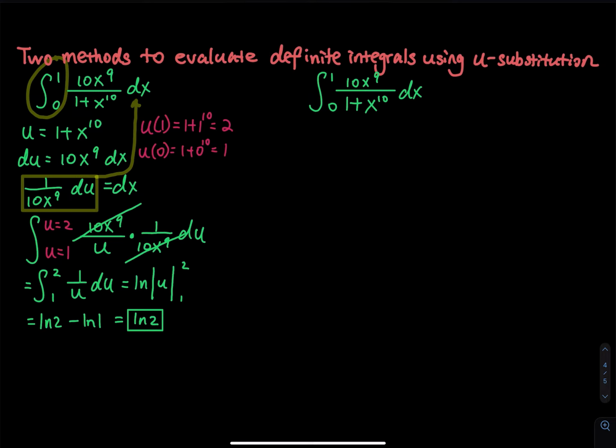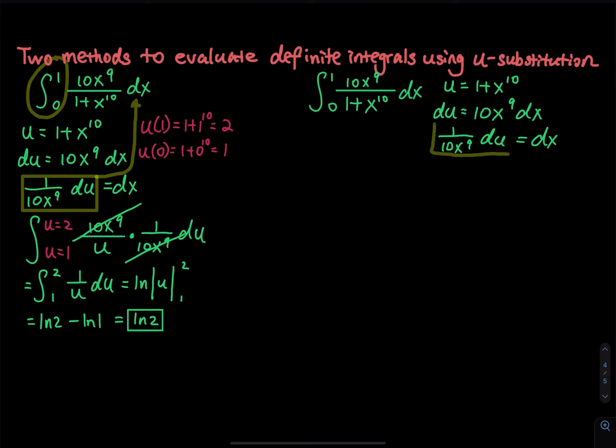We are going to let u equal 1 plus x to the 10 power, and then du equals 10x to the 9 power dx, and then 1 divided by 10x to the 9 power du equals dx. And then you do the change of variable. You are going to replace this dx with that.